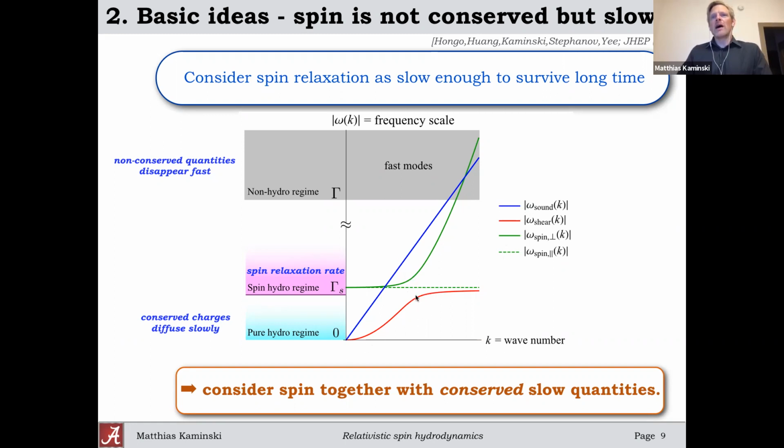So this shear mode happens to avoid the spin modes in this way. Both spin modes, the parallel one: there's one parallel momentum, and there's one transverse momentum. These two spin modes are avoided by the shear mode in what we have so far. But I don't see a fundamental reason why the red line couldn't cross.